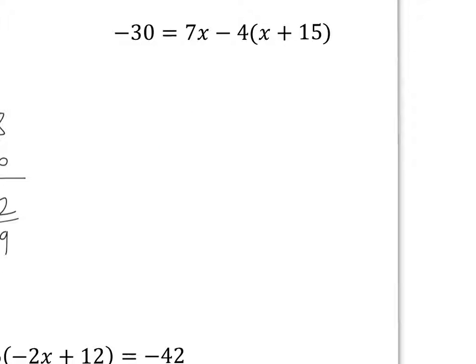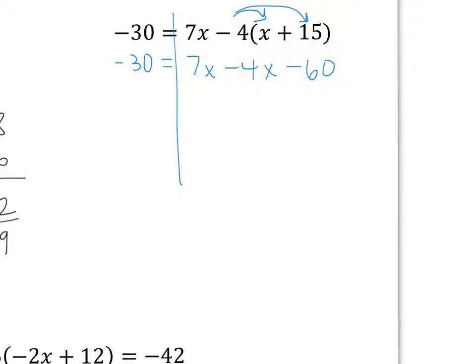Okay, let's get started on this next problem. Again, I know I'm going to have to combine some like terms and use the distributive property here. So I'm first going to use the distributive property. So I have negative 30 equals 7x minus 4x, and then a negative 4 times 15 is a negative 60. And now I'm going to go ahead and combine some like terms. So I have a 7x and a negative 4x, and those together give me a 3x minus 60.